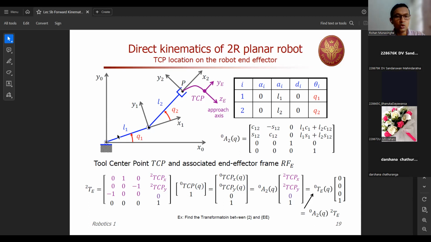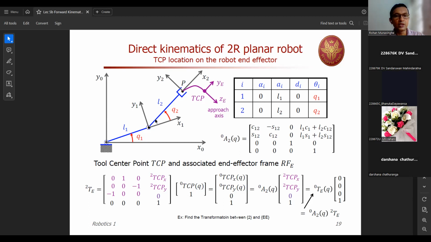And the first link is over here, you can see, and at the end of that, you have the first frame. Now, you have to relate the 0 frame, x0, y0, z0, to the first frame, x1, y1, z1. So, DH representation explains this relationship in 4 steps. You have the displacement, rotation, like that. The first one is the displacement.